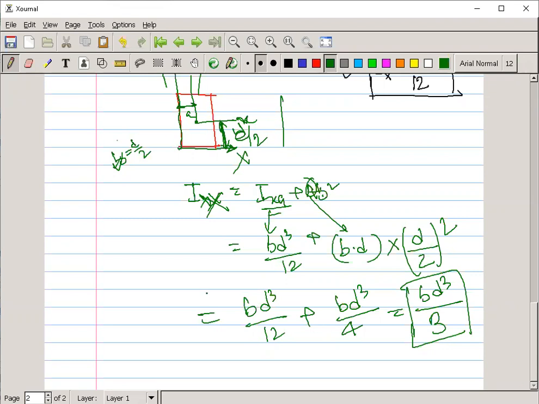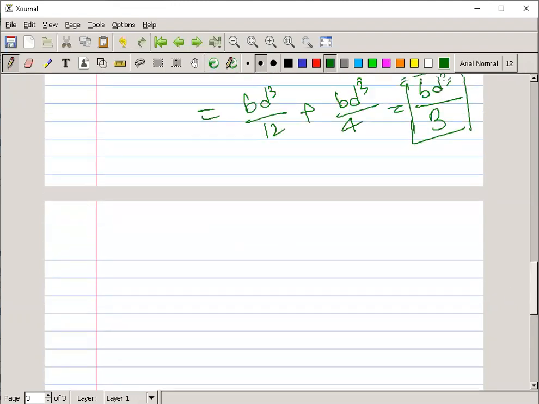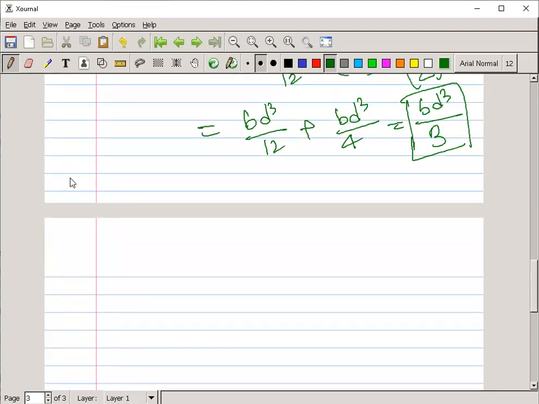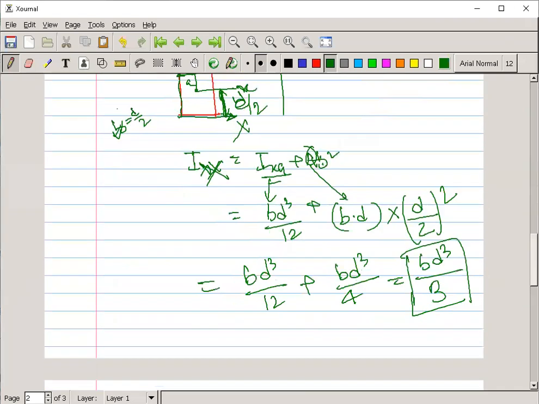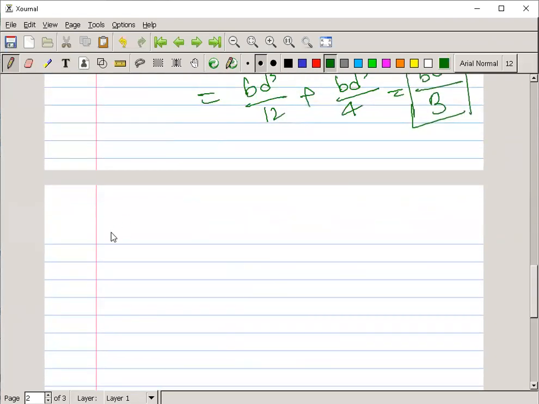Next, suppose in the similar manner the question asks you to find out with respect to this edge also, meaning along the y axis. I think you are all able to find it. In the similar manner you simply apply I of yg, which is integration of x squared dA, and for the present case it is minus b by 2 to plus b by 2.